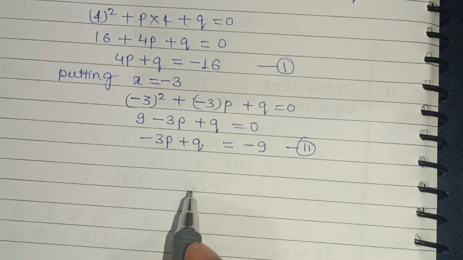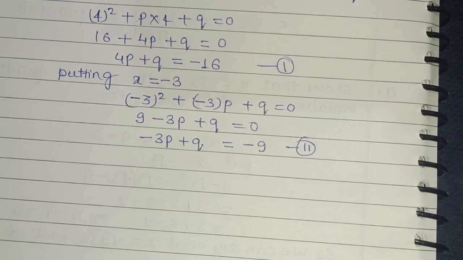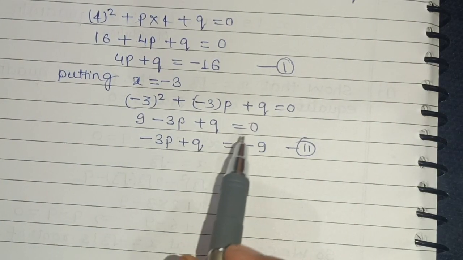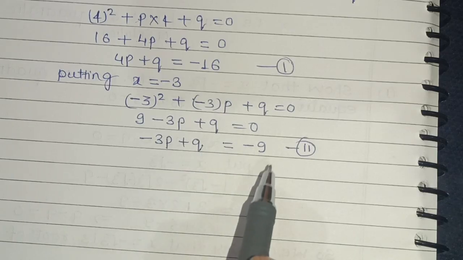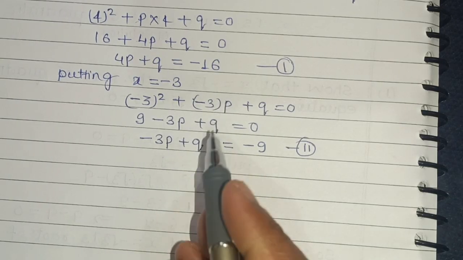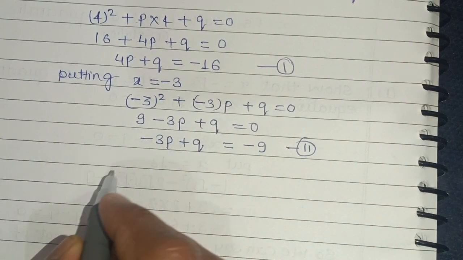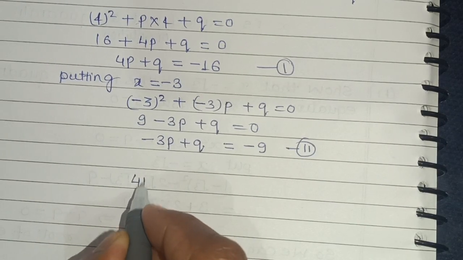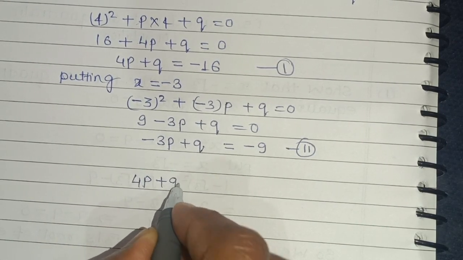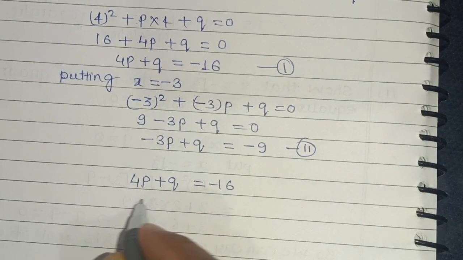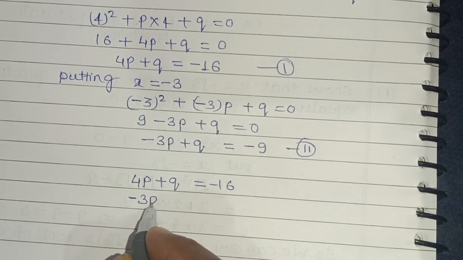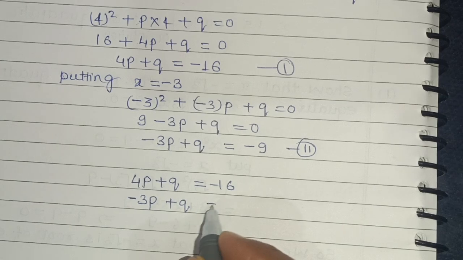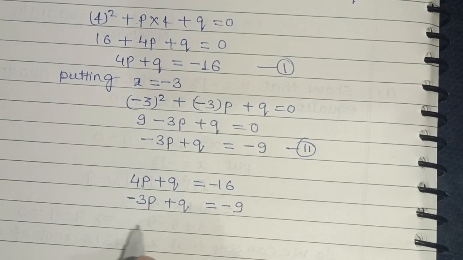So solving these equations, 4p plus q equal to minus 16 and minus 3p plus q equal to minus 9.